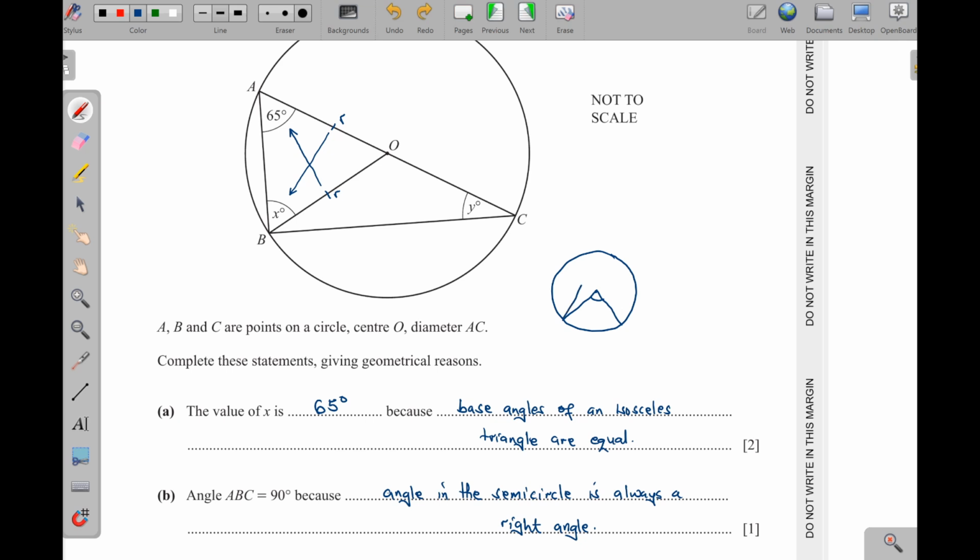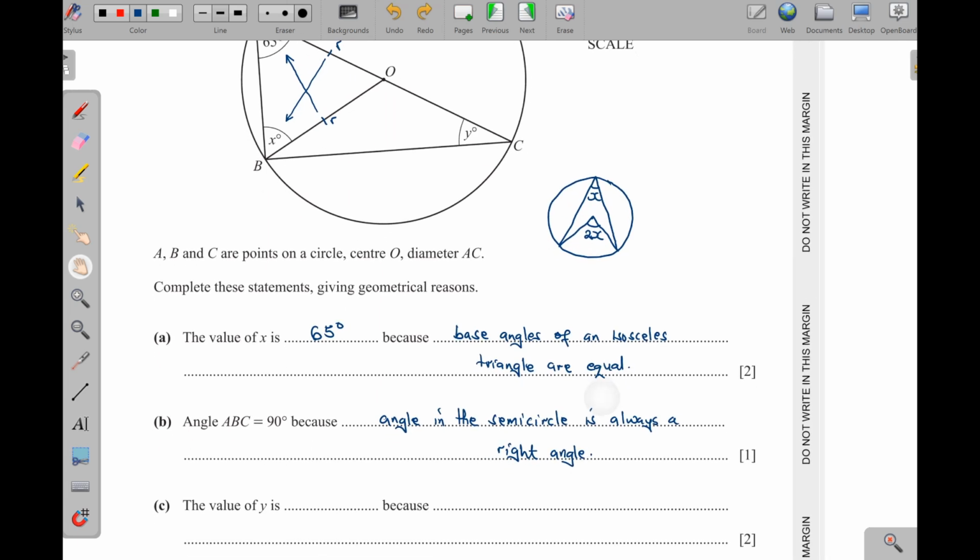This angle here, if it is x, then the one at the center is 2x. You see that? So when you look at this triangle here, the angle at the center is 180 degrees. Then the angle at the circumference has to be equal to 90. Not so? So that is that.